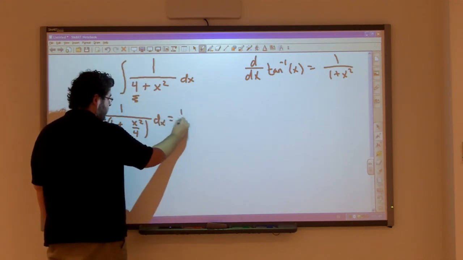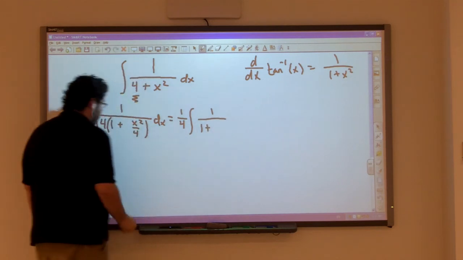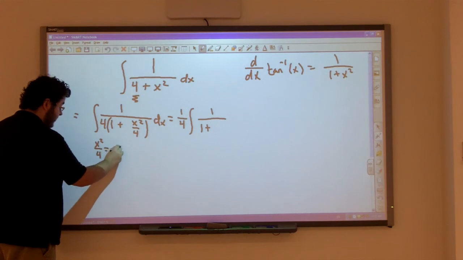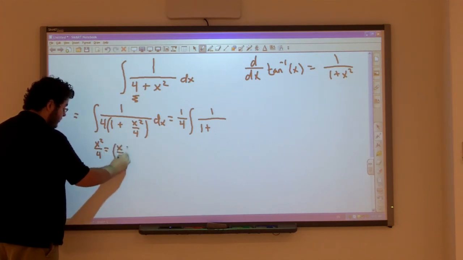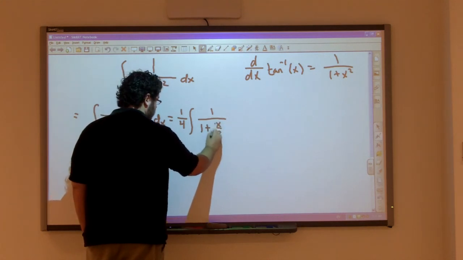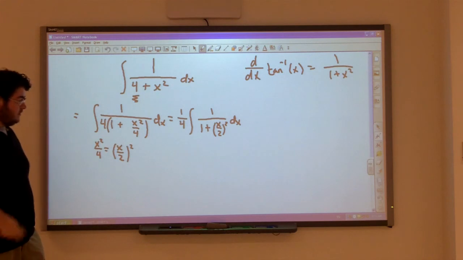So let's simplify this a little further. We can bring the 1/4 outside the integral. 1 over 1 plus, well, if you look at this, we have an x squared over 4. That is the same as x over 2 quantity squared. So now we have something that looks a little more reasonable.